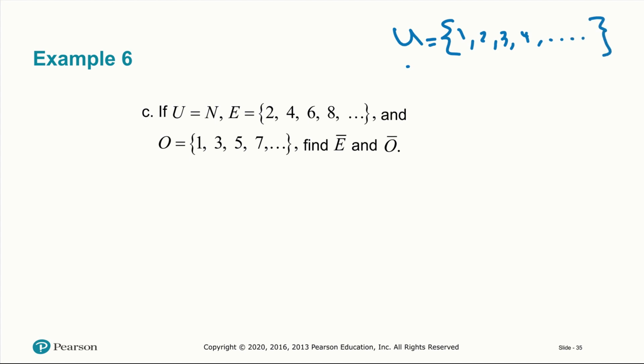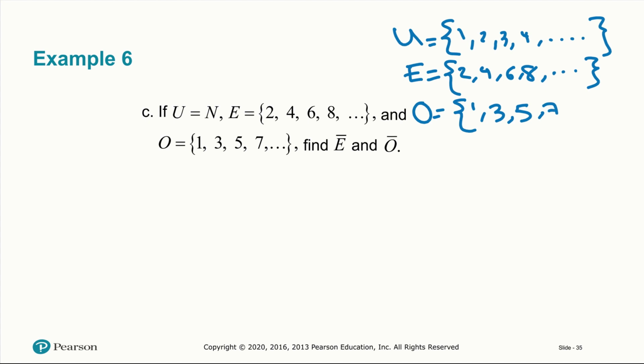Now, E is the set of all even natural numbers, and O is basically the set of all odd natural numbers. So we want to know basically what is E bar. Now notice that both E and O are contained within the universal set U.